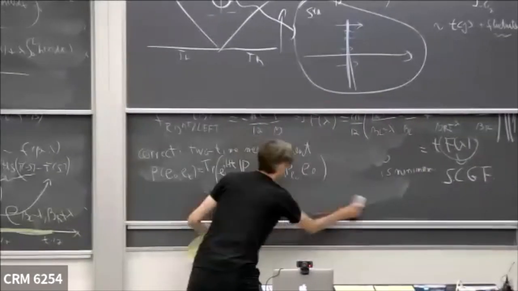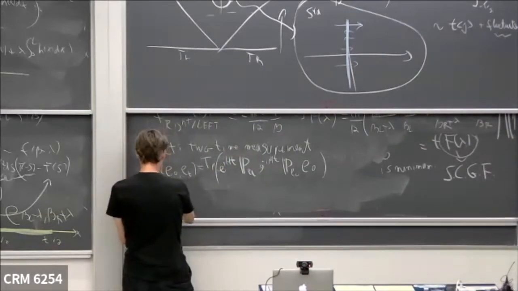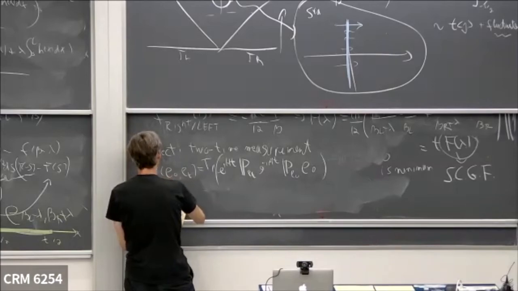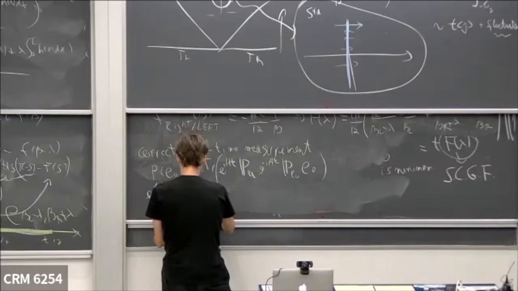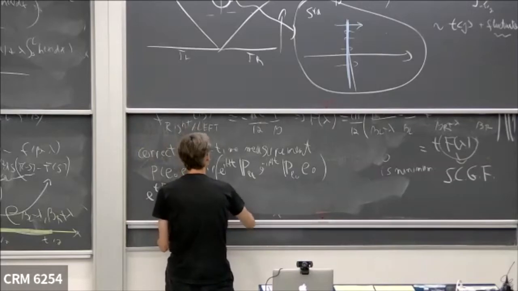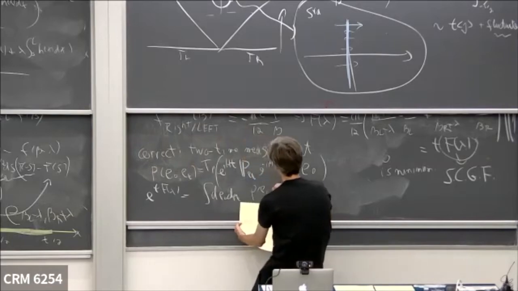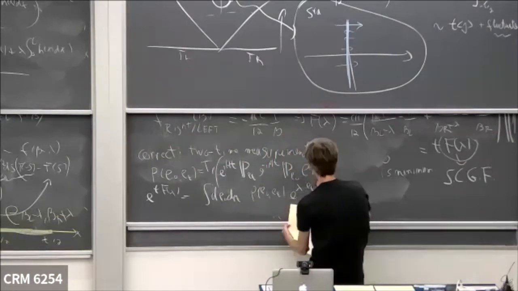And then you would say, well, the scaled cumulant generating function, what is it? It's e to the T f of lambda, which will be just the integration over dE0 dEt of that probability distribution P of E0, Et, times exponential lambda of the total difference, Et minus E0.